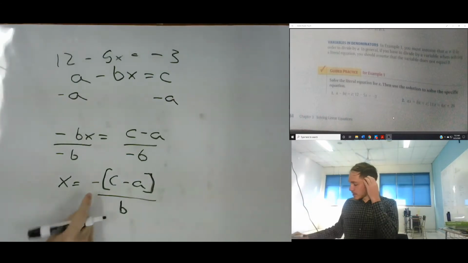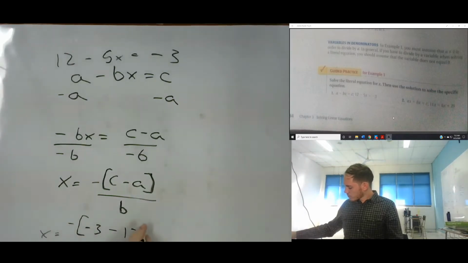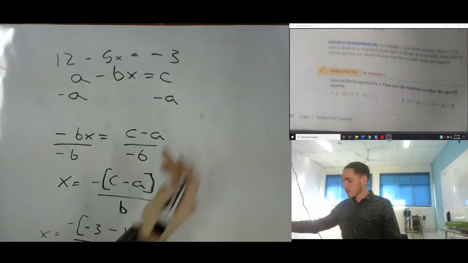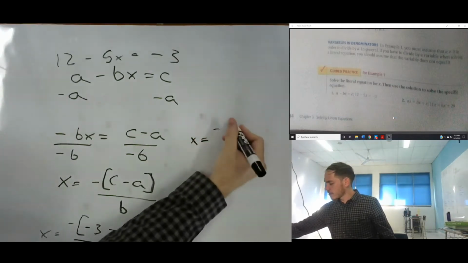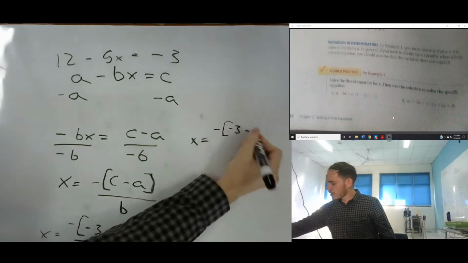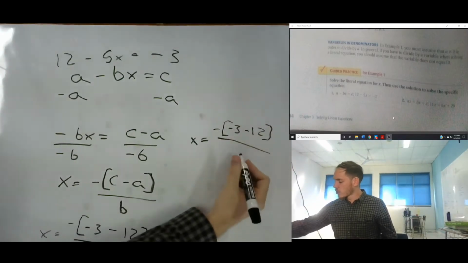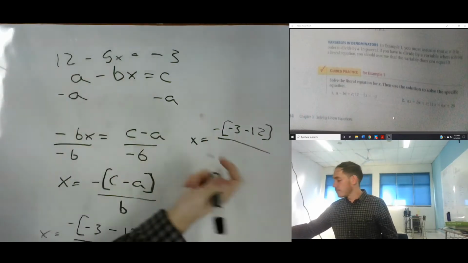So plugging this in, we get x equals negative 3 minus 12, and this is all over positive 5. B, which you can't see here, so I'm going to write it over here. So x equals negative 3 minus 12. It's just plugging stuff in. Over, and then in this case, this was negative b. So then b equals 5.